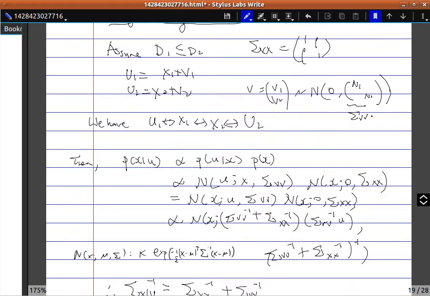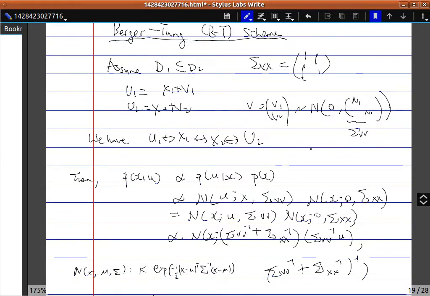Now, if we compute the conditional probability P of X given U, I can write this. Basically, this is a posterior probability. If you think of U as an observation, and X is what you want to estimate, it's proportional to the likelihood multiplied by the prior. And it is also proportional to this thing here, because X itself has a distribution: zero mean with covariance 1 rho 1.